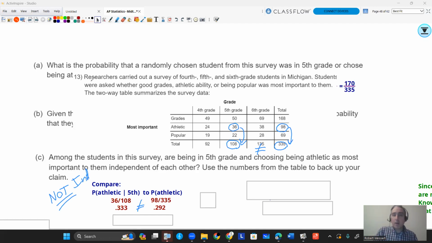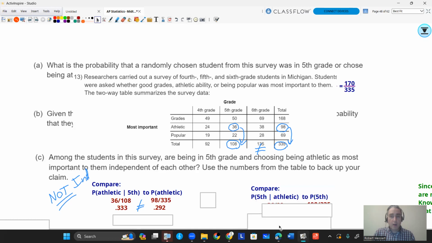You could also do it going in the other direction of the table. So what you could say instead is, let me use a different color for this, is the probability of being in fifth grade given they're athletic. So if I look over here, is 36 out of 98, so 36, fifth grade given athletic, the same as being in fifth grade.